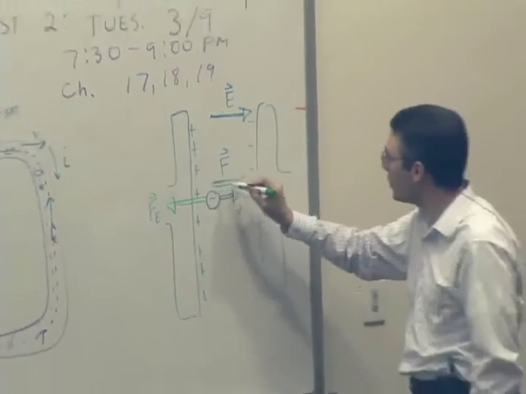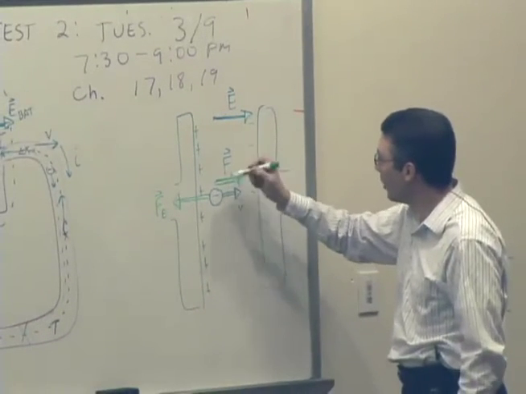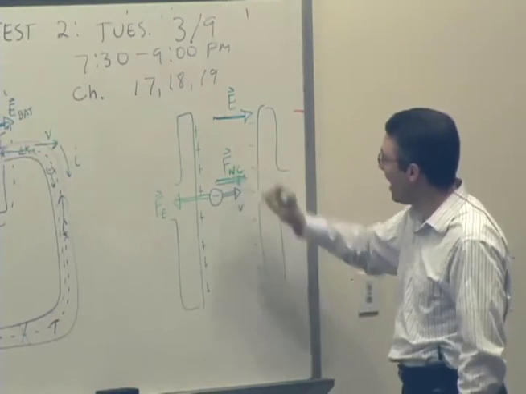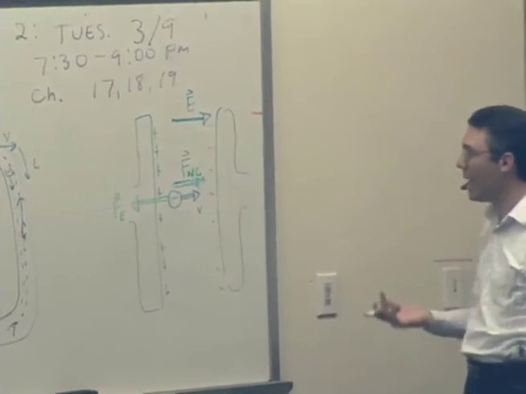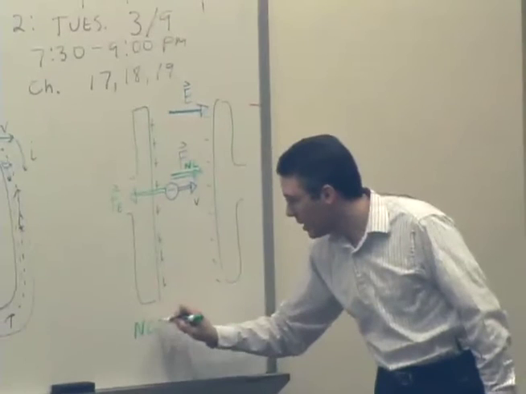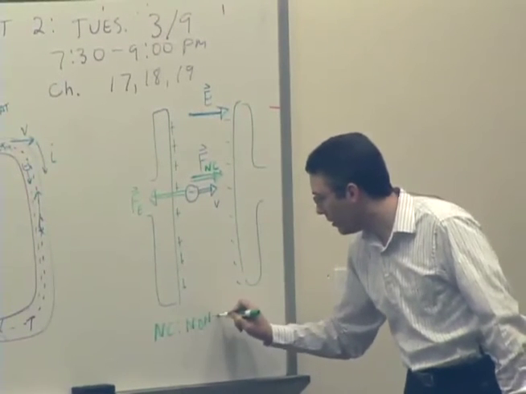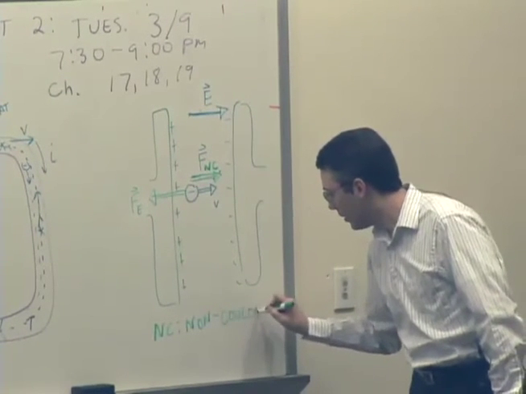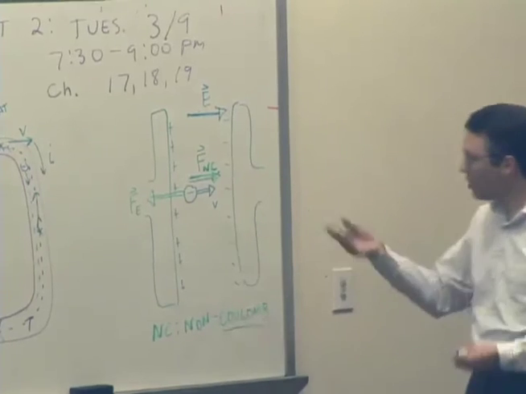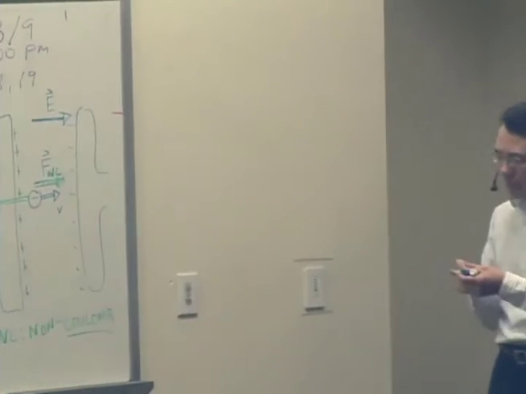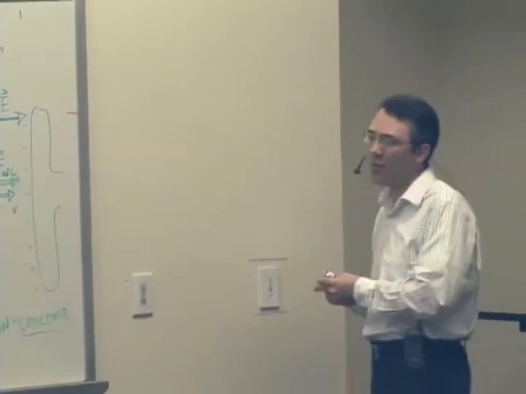And this other force, in the book they label it FNC. NC meaning non-Coulomb. Coulomb meaning Coulomb's law, electrostatic forces. It's not due to electrostatics, it's due to something else.